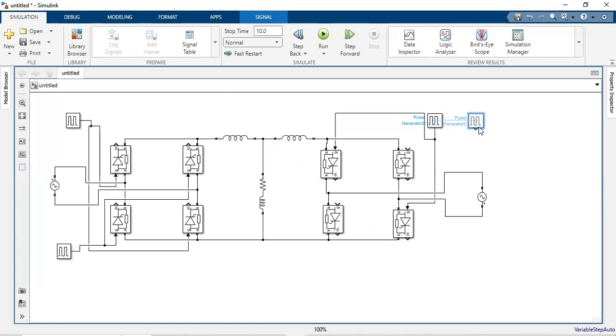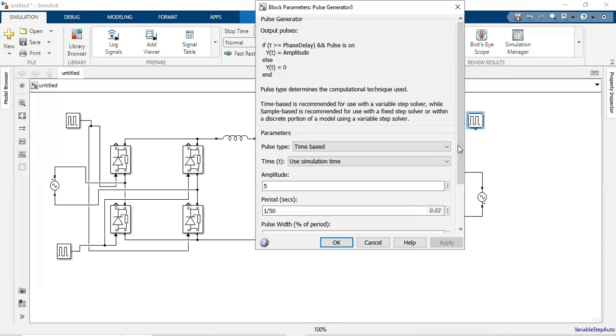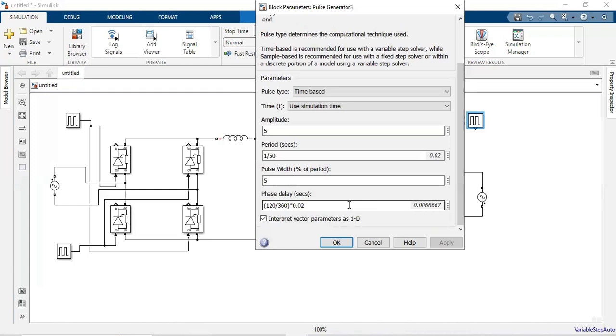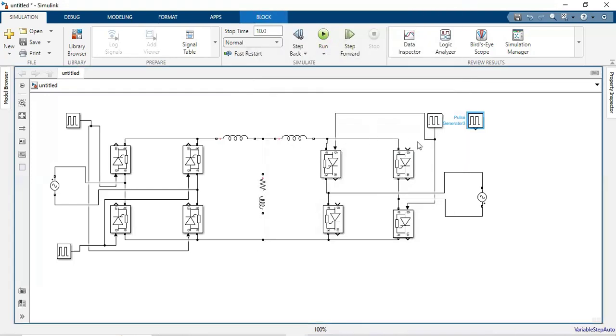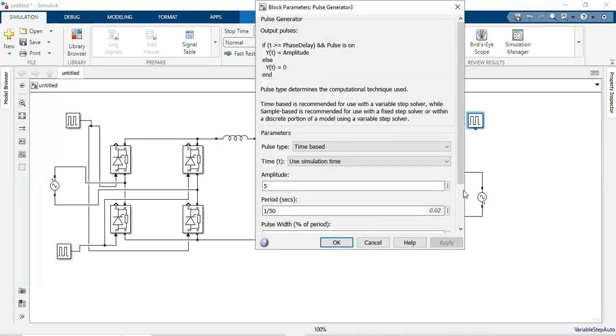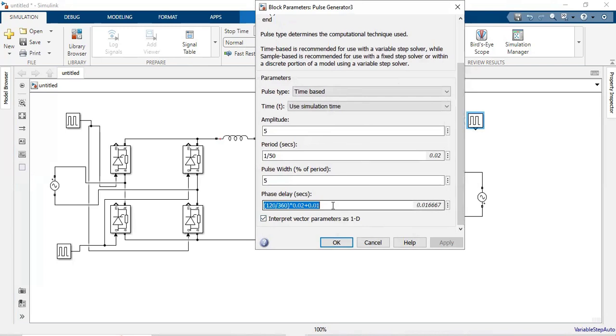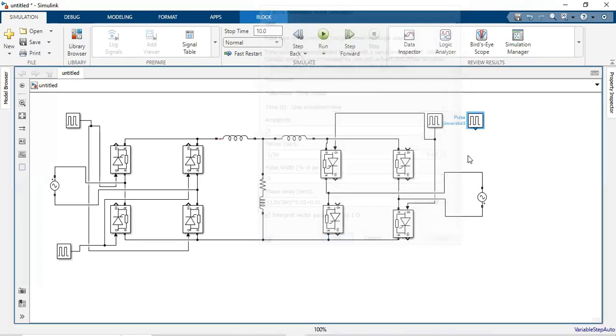The other set of devices should be given 120 plus 180 degrees, so 0.0 plus 0.01. So these two switches are given with a firing angle of 120 degree, and these two switches are given with a firing angle of 120 plus 180 degrees. So we are adding 0.01 corresponding to the time of 180 degree. So the other set of devices should be connected to the second pulse generator.